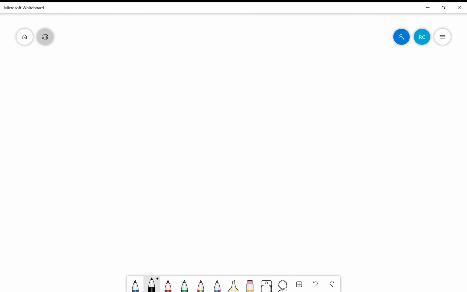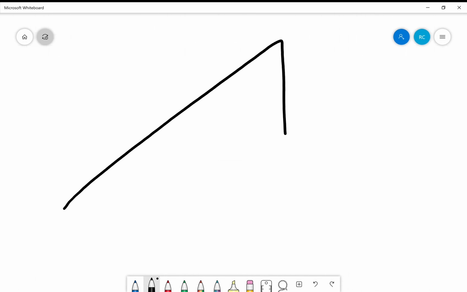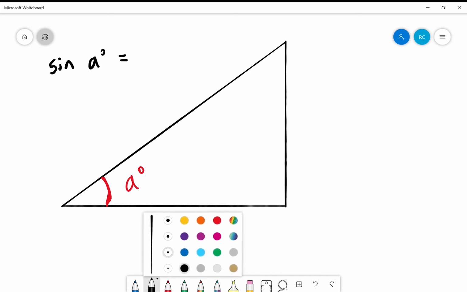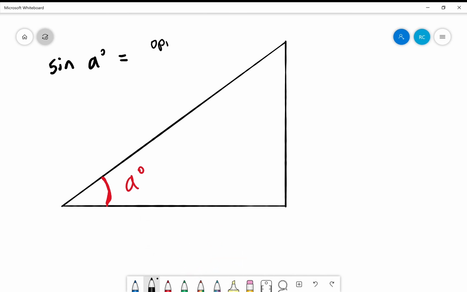So, a quick recap. If I have a right triangle, and this angle here is A degrees, then we define sine of A degrees to equal the length of the opposite side, that's this one, divided by the length of the hypotenuse, that's this one.